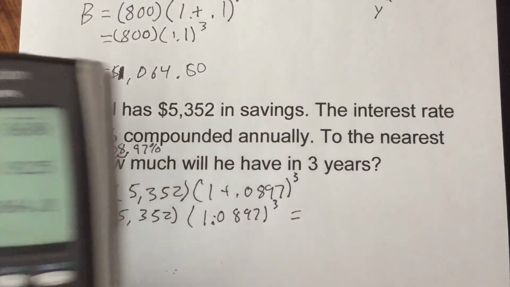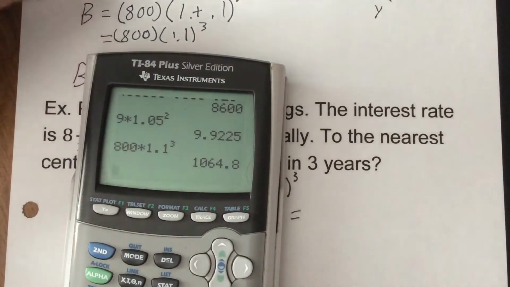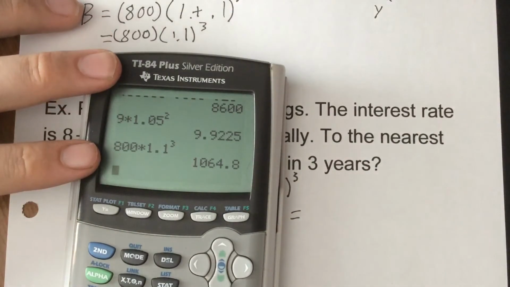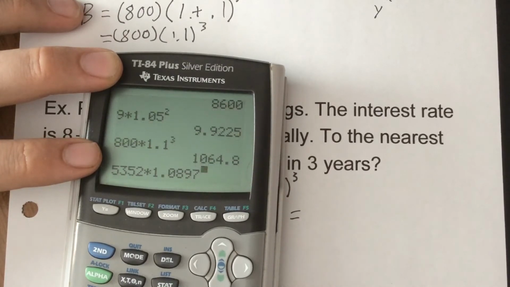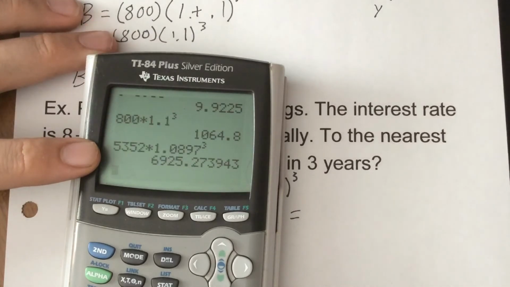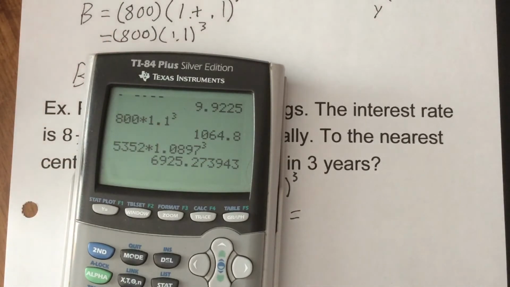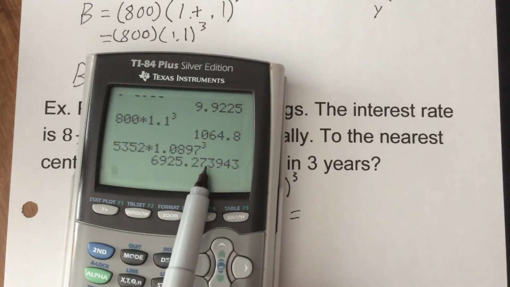So if we put it in a calculator, we have 5,352 times 1.0897 raised to the third. So 69.25. We're going to 2 decimal places. So 2, 7.